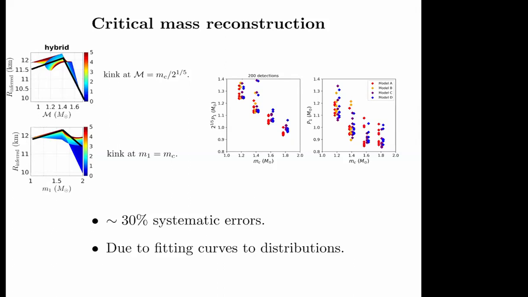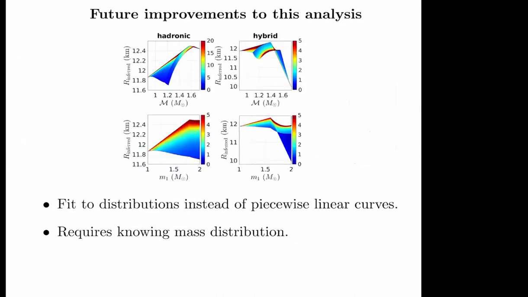Let me see here. So, future improvements to this analysis. I think the obvious thing to do is to fit distributions instead of piecewise linear curves. Once you specify an MR curve, the distribution of events is fixed, at least with the additional information of knowing the actual neutron star mass distribution.